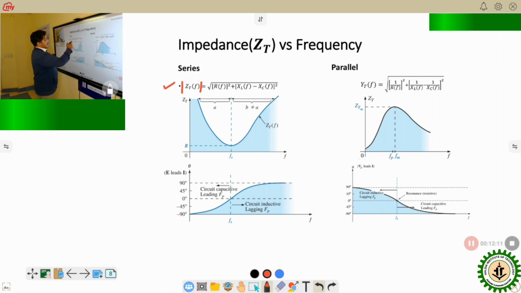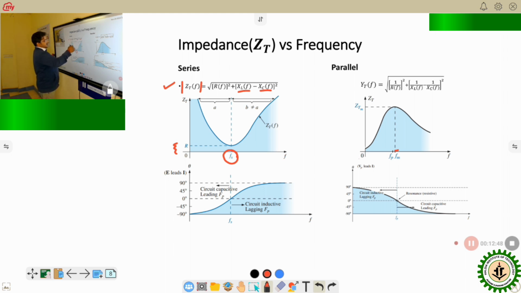Now if we draw the characteristics curve with respect to the frequency, then the curve looks like this, where we will see that at the resonance frequency, the impedance is the minimum one. Here you can see that it is equal to R, where this XL and XC are nullified. And for the parallel, this Z is the maximum one at the resonance frequency.